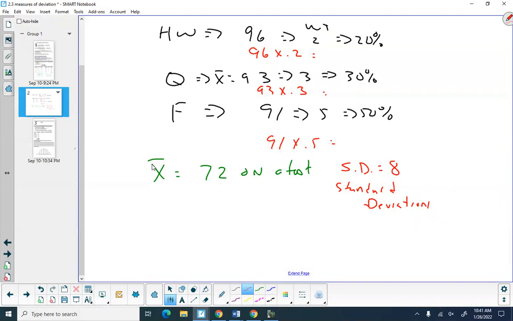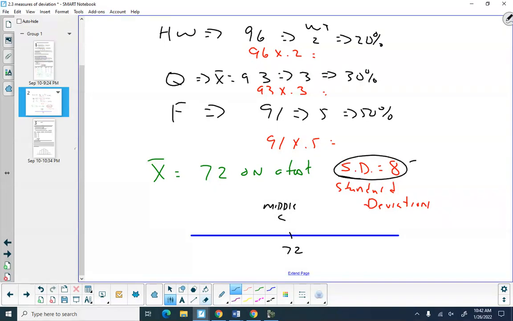How are grading scales determined at this point? This 72 is your middle C. This standard deviation is your width of each grade.